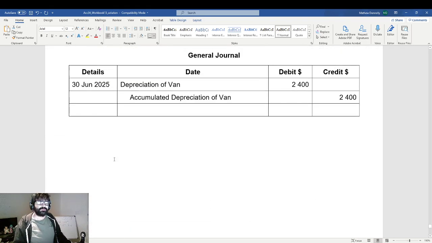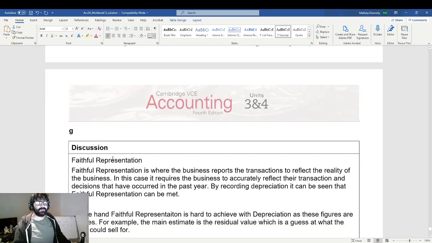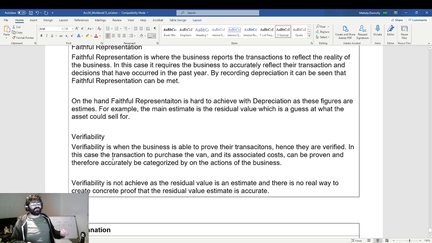In terms of theory, make sure you know your accounting assumptions, make sure you know your qualitative characteristics. I think the big one here, especially in my opinion, is faithful representation. And you want to be talking about how it's all an estimate, essentially. Hard to reflect the reality of an estimation.